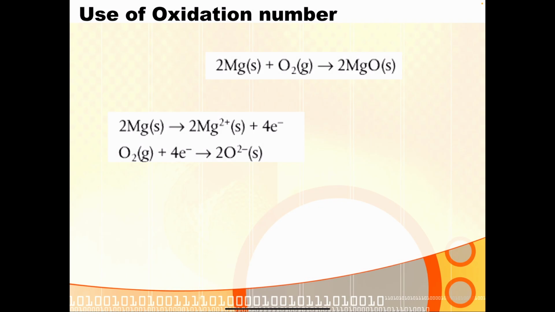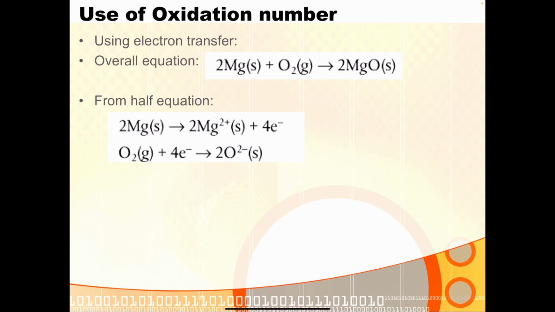Now, use of oxidation number. Look at this and the half equation. Using electron transfer, the overall equation we already know, and then from the half equation, what do we see? Magnesium is losing 2 electrons and oxygen is gaining 2 electrons. When loss of electron takes place, it is oxidation.